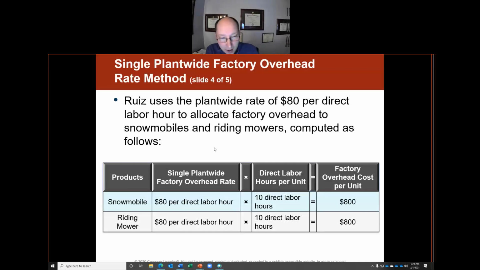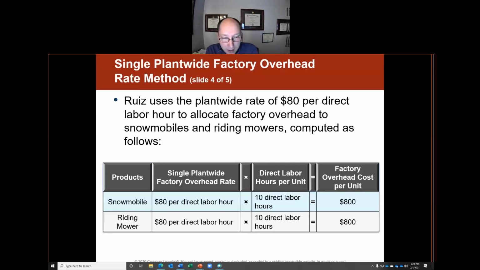We take our $80 per hour and we multiply that by the number of hours it takes to create one unit. As we said earlier in our example, it takes 10 hours to create one snowmobile. It takes 10 hours to create one riding lawnmower.